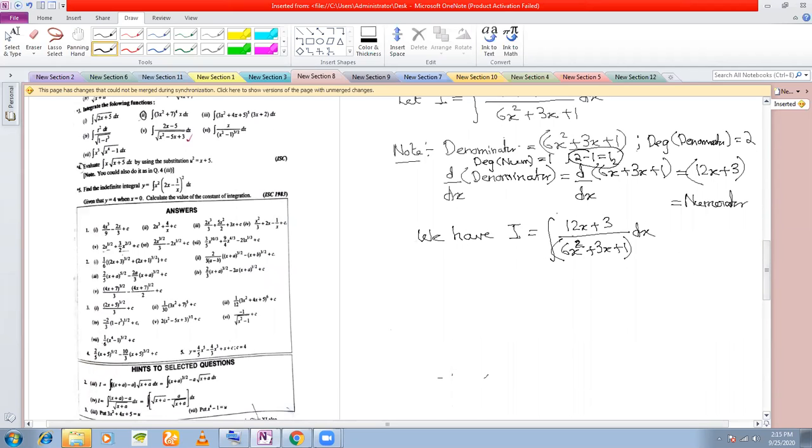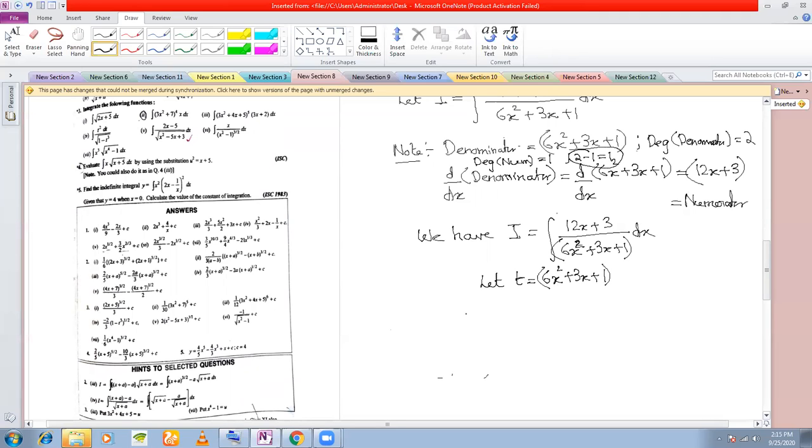So now once I see that the degrees differ by 1, and once I also observe that when I differentiate the denominator, I get the numerator, my next step would be to let t is equal to, or any letter z also you can take, let t is equal to 6x square plus 3x plus 1. You assume the denominator to be some other variable.